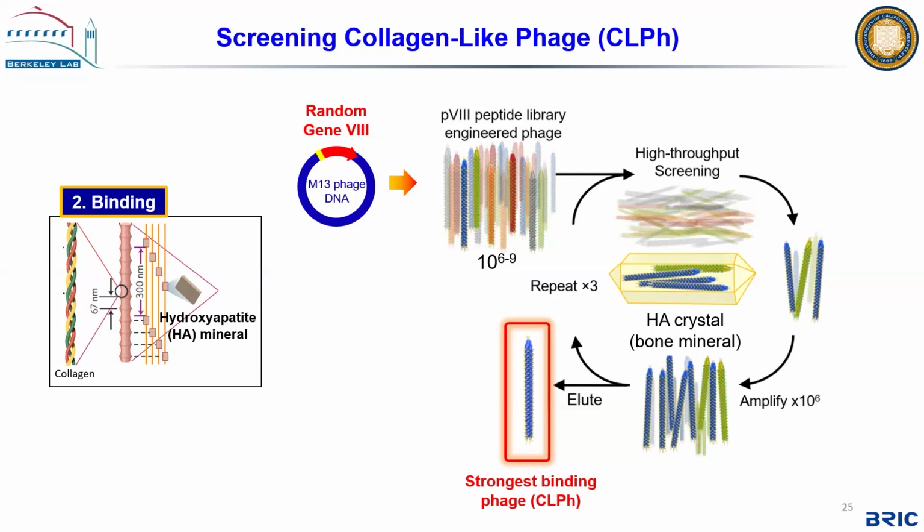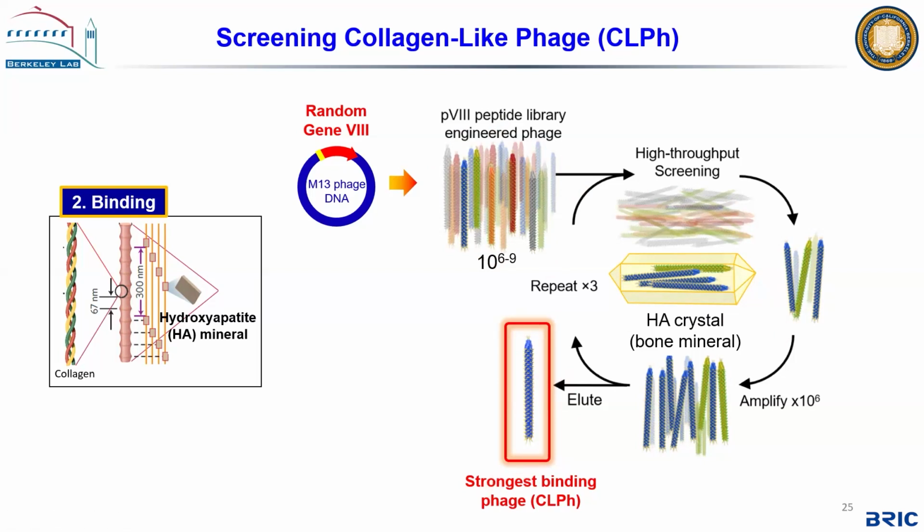The first step is to randomize the gene of the coat protein and then make this library. This library now has millions and billions of different phages in one pot, and then introducing this pot with different phages onto this bone mineral, and screening, we can find the best binding phage to the hydroxyapatite mineral.